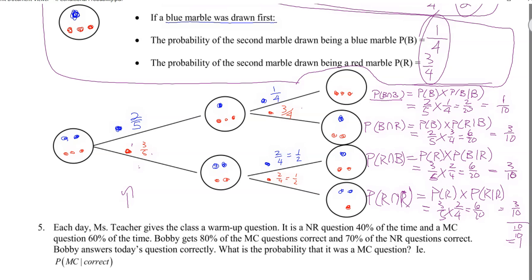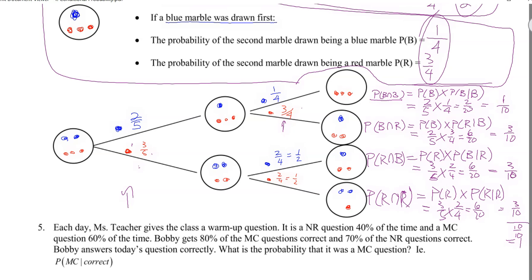So each branch says this is what can happen. You can get a blue or you can get a red. And those probabilities, 2 out of 5, 3 out of 5, add up to 1. Second draw, you can get a blue or a red. Those probabilities add up. Remember, it's or, right? You get blue or red. 2/5 plus 3/5 is 1.